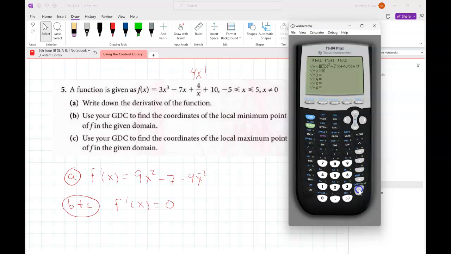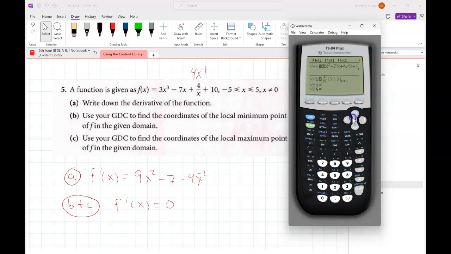Do you remember how to type the derivative of f of x into our calculator? Math? Yeah, that's option 8. Then what do I fill in here? X to there. What goes in the parentheses? Y1, the equation that we typed in above. And then what goes over here where x equals?